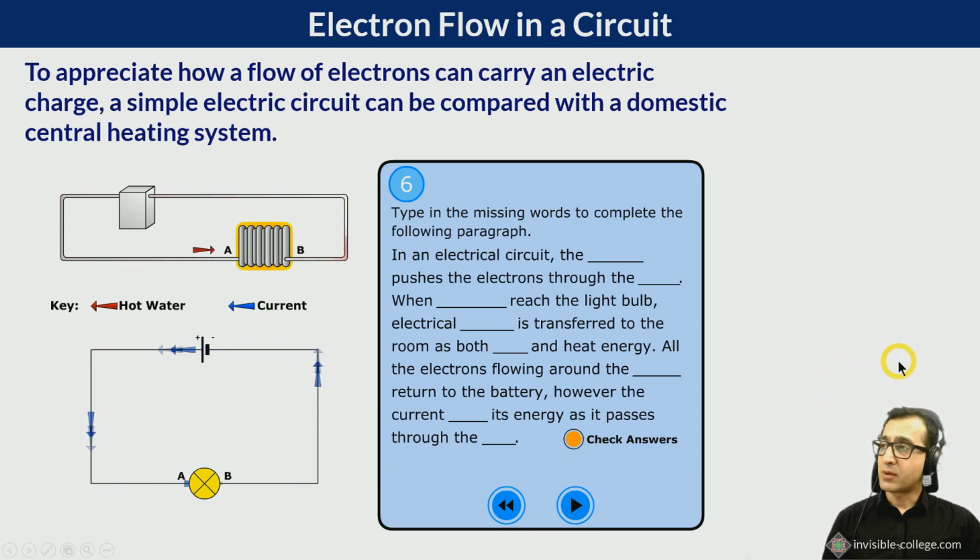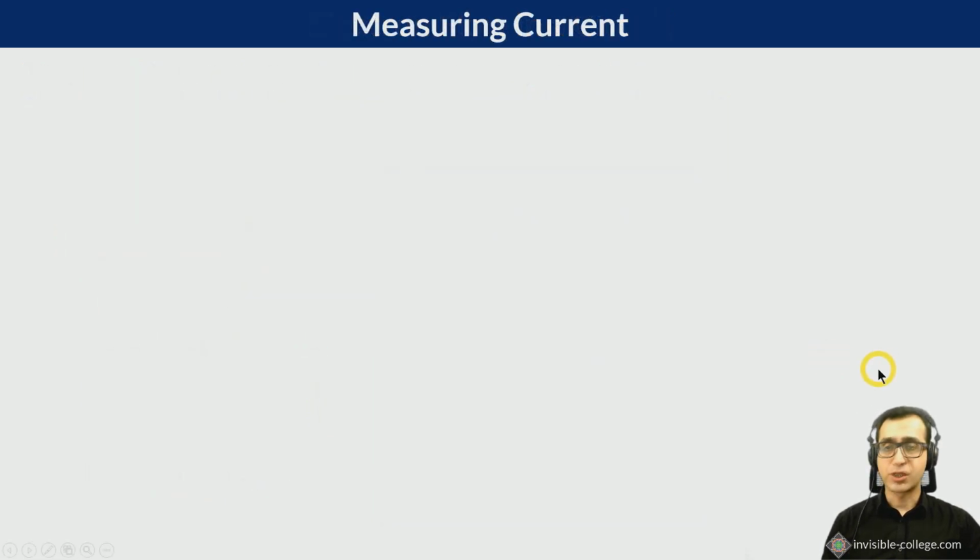So now that we've talked about what we mean by electron flow in a circuit, and we've used an analogy to explain it, it's important not just to know the equations, but also to understand the units for these quantities.